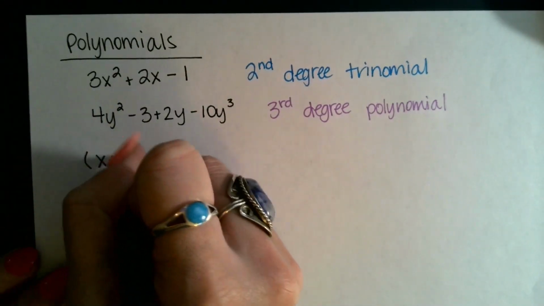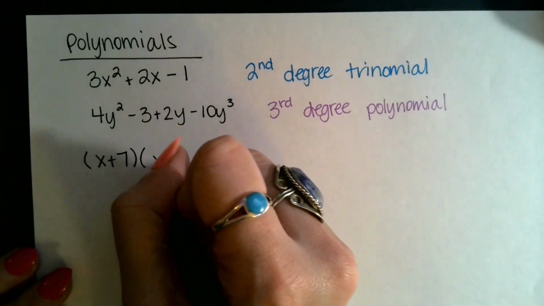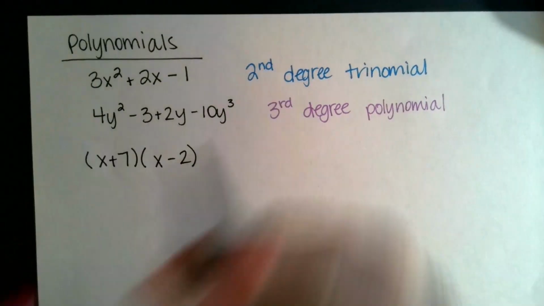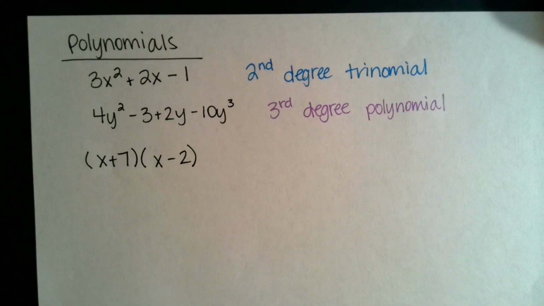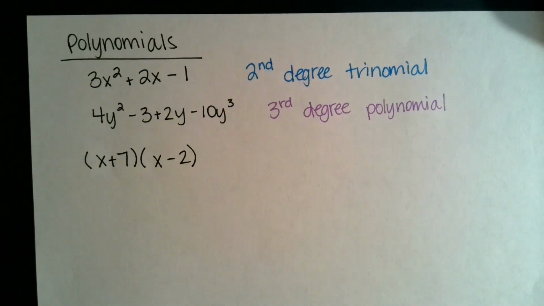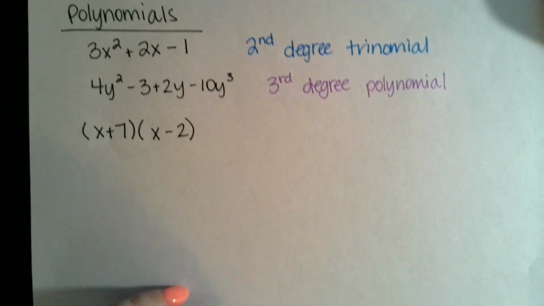Let's do x plus 7 times x minus 2. Do you remember how to multiply binomials? FOIL. You can FOIL or you can do box method. I really, truly, 100% don't care which way you do it, as long as you get the right answer.